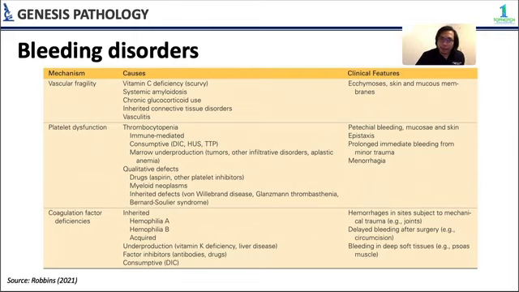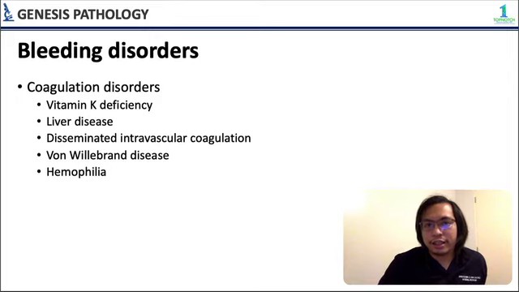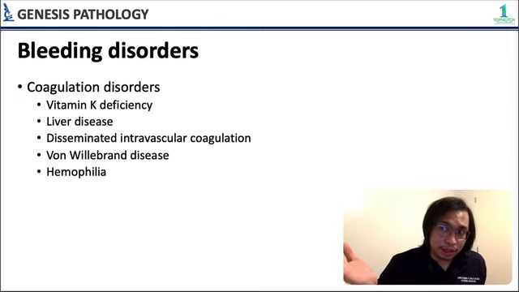Compared sa platelet dysfunction na petechial bleeding. Alright? So again, na-discuss natin kanina, yung vitamin K deficiency kasi 10, 9, 7, 2 yung problema. Liver disease kasi the liver produces coagulation factors except for your factor 8. DIC is your consumptive coagulopathy, uubusin niya lahat ng coagulation factor mo, bleeding.